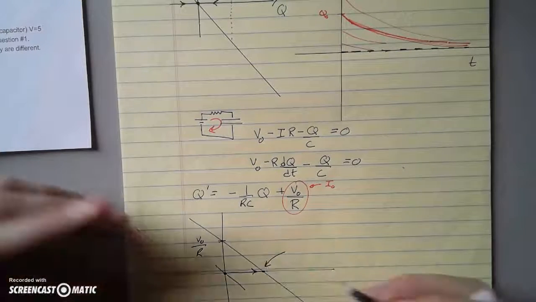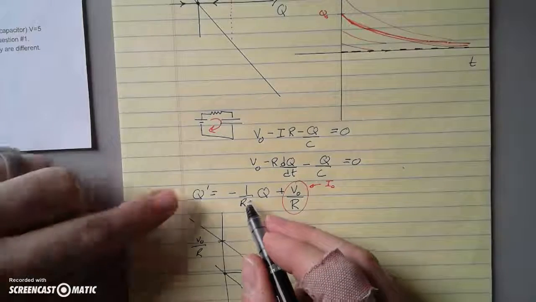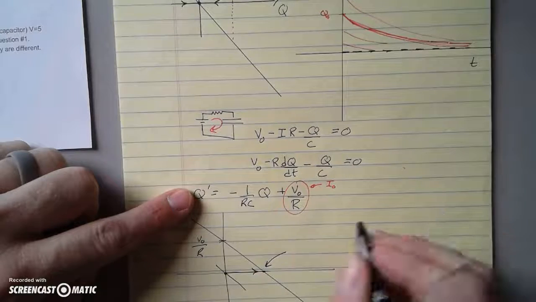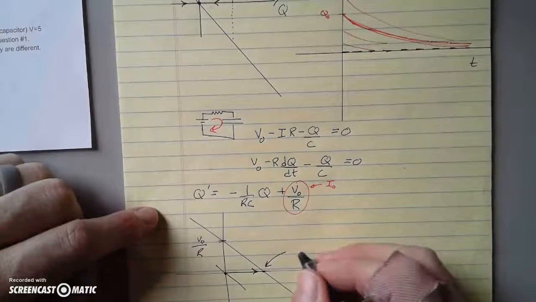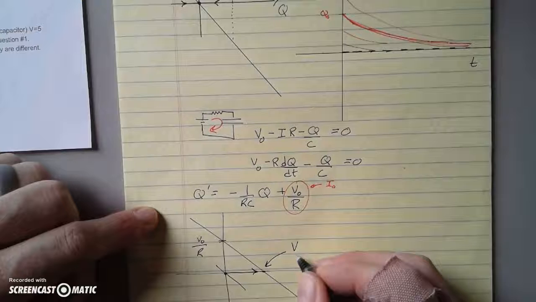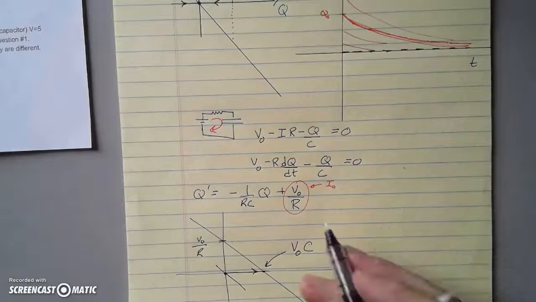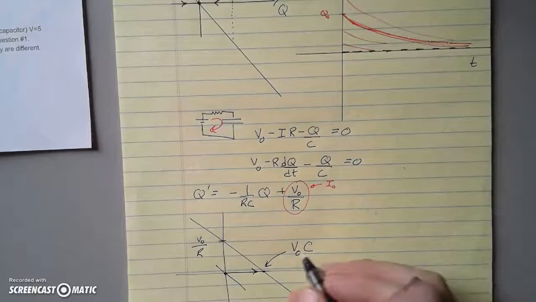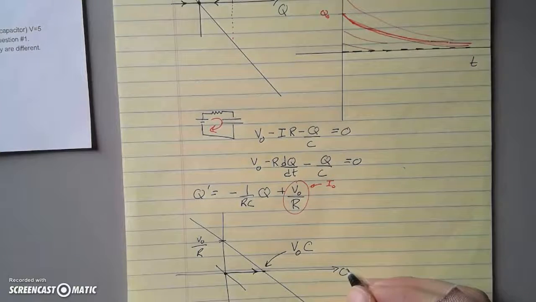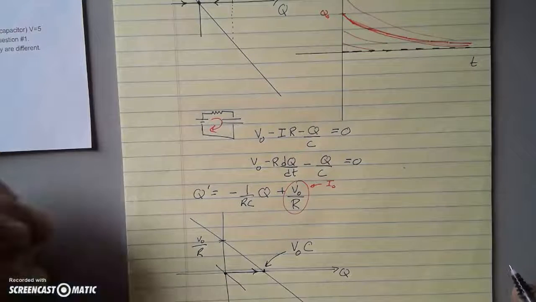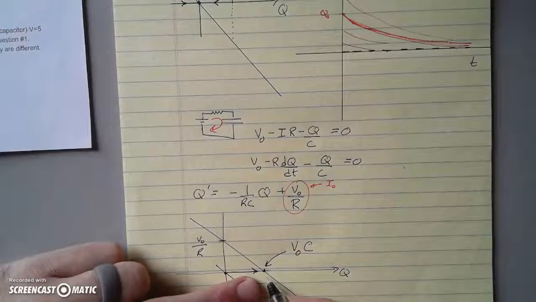We can find what that new equilibrium is by setting the current equal to 0 and solving, where we can get rid of the R. We'll have V naught times C. This is the equilibrium charge we're going to have in the presence of a battery. That's kind of nice.